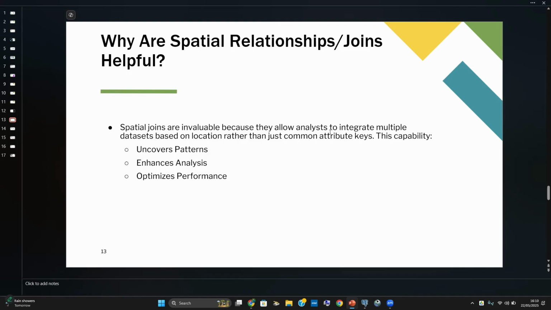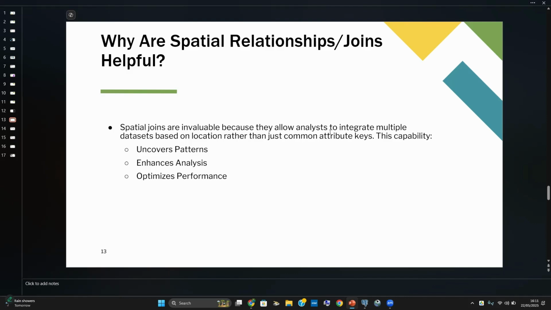Clustering of events within a specific area is one of them, which might not be visible when the data are viewed independently. All right? It enhances analysis. Yes, whether you're aggregating demographic data within, let's say, an urban district or connecting environmental data with a geographical feature, the spatial join makes it possible to conduct more complex analysis directly within the database.